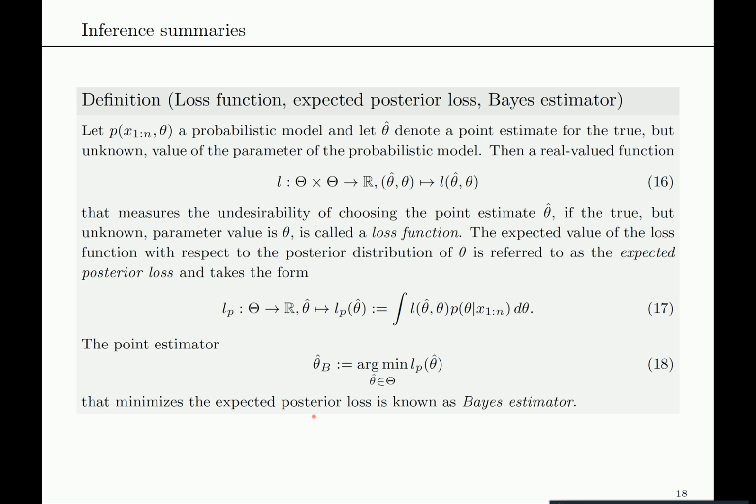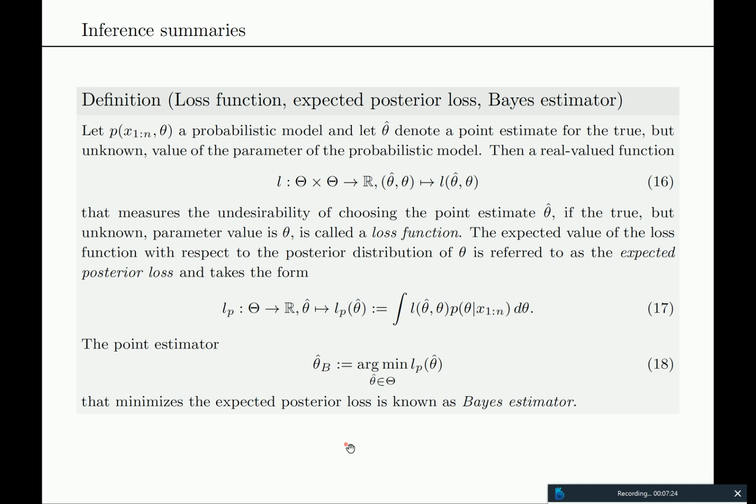So if you ever read something about the Bayes estimator, a Bayes estimator is the minimizing value for the posterior loss function, which is your loss function that you need to define integrated under the posterior distribution. So, of course, the exact form and type of a Bayes estimator depends on your loss function, clearly.